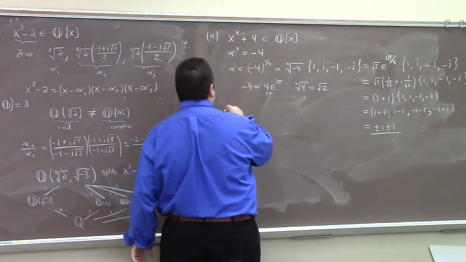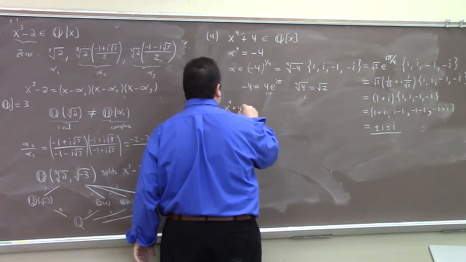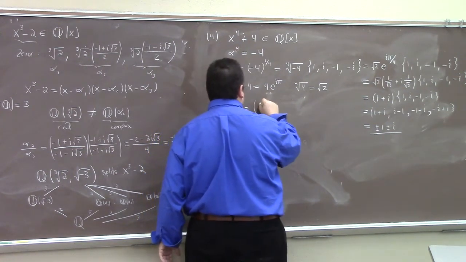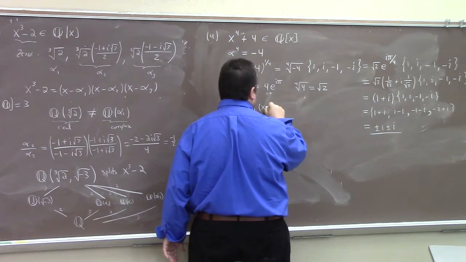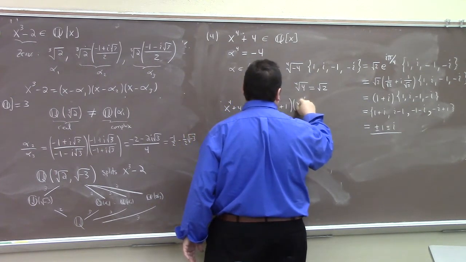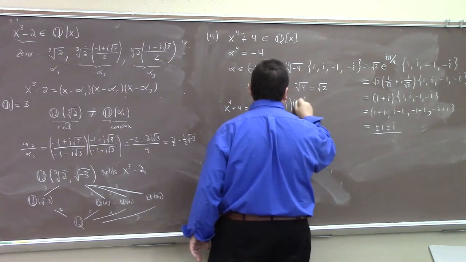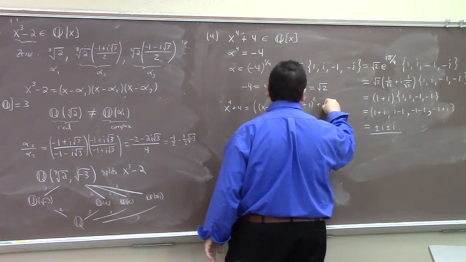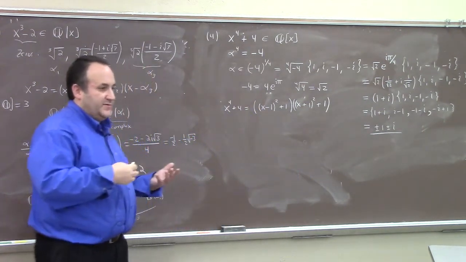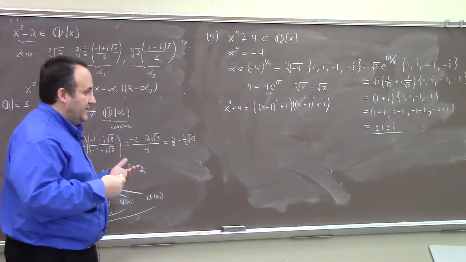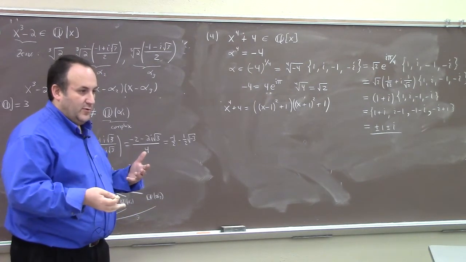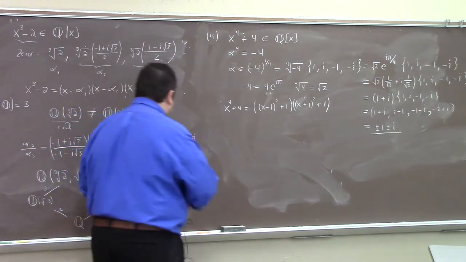And so what we have is x to the fourth plus 4 is equal to (x minus 1) squared plus 1 times (x plus 1) squared plus 1, because that's what comes from the conjugate pair of zeros, 1 plus or minus i, or minus 1 plus or minus i.